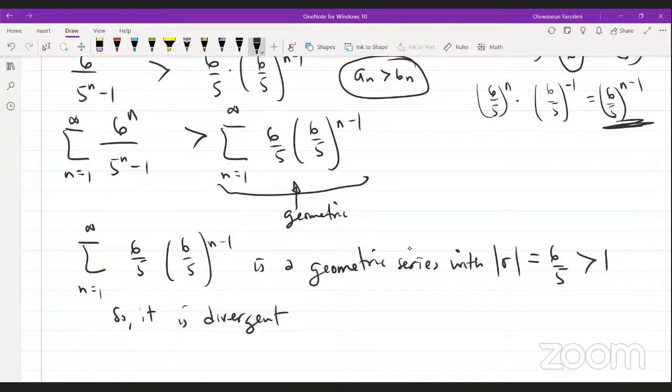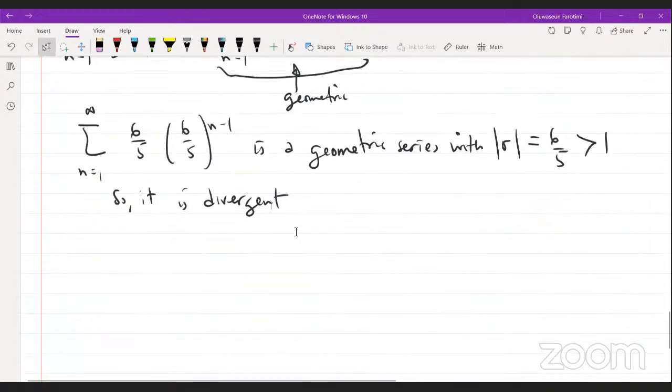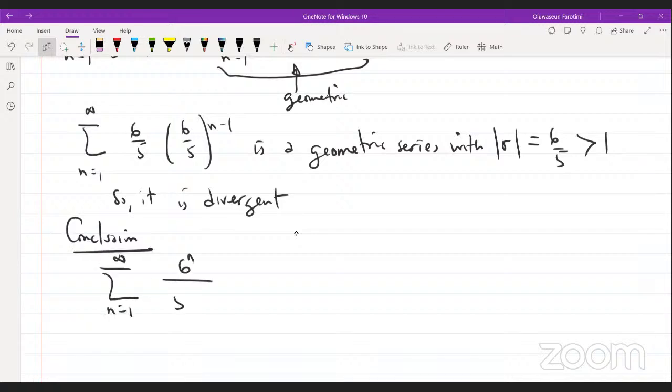Now, when your series of the right-hand side is divergent, what does it tell you about the series of the left-hand side? In this case, it does diverge. So I'm going to conclusion. This series, which is the given series itself, is divergent by what, guys? By the comparison test.